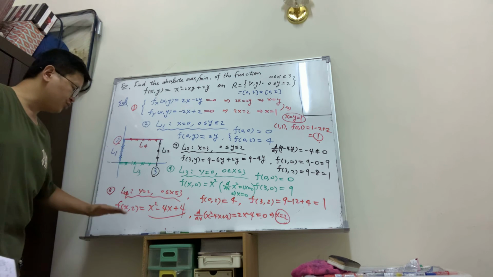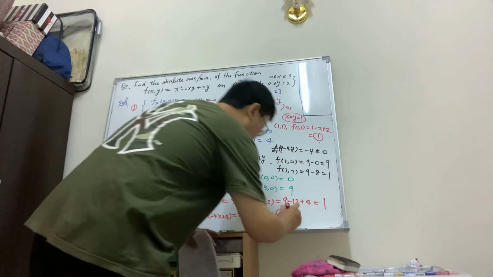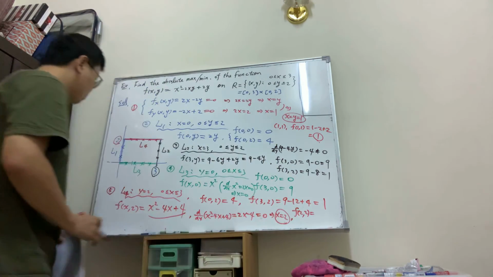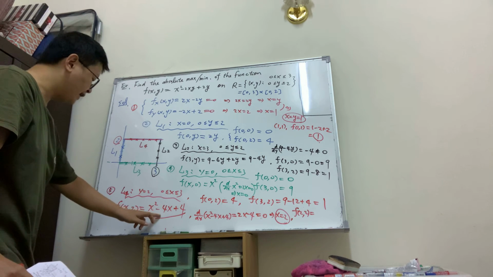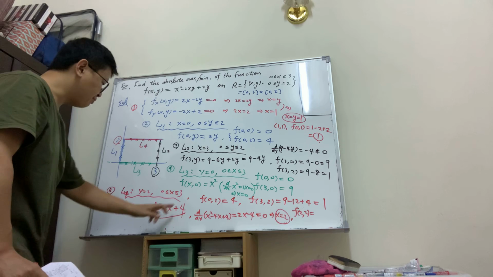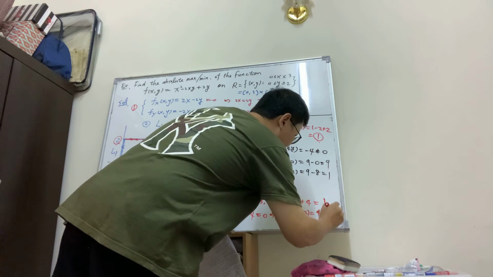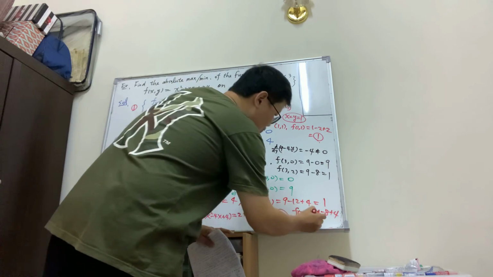So indeed, you should check this point when x equals 2. You should check f of 2, 2. And f of 2, 2 is equal to 2 squared subtract 4 times 2, which is 8, so it's 4 subtract 8 plus 4, which is equal to 0.